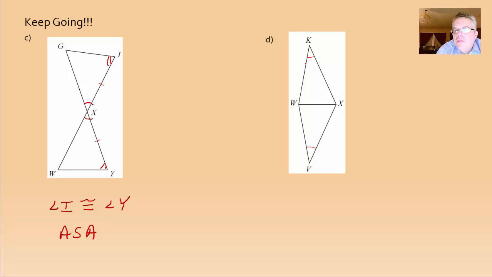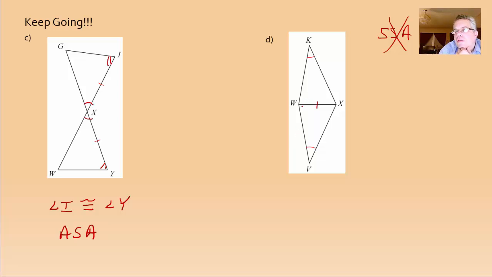Last example here. What do we need to know in order to conclude these are congruent? We have an angle, and they share the side. If I pick one of the sides, I'd be in trouble because it'd be angle, side, side. Remember SSA? Bogus. You can't do that. So that's not enough to conclude the triangles are congruent.